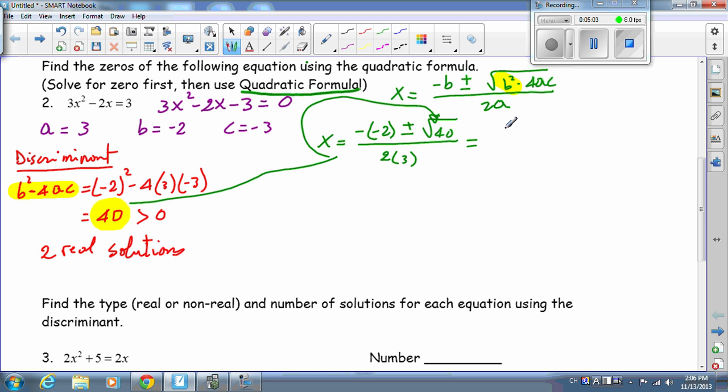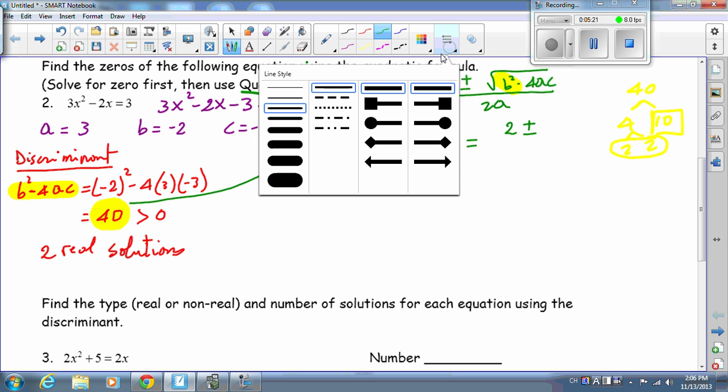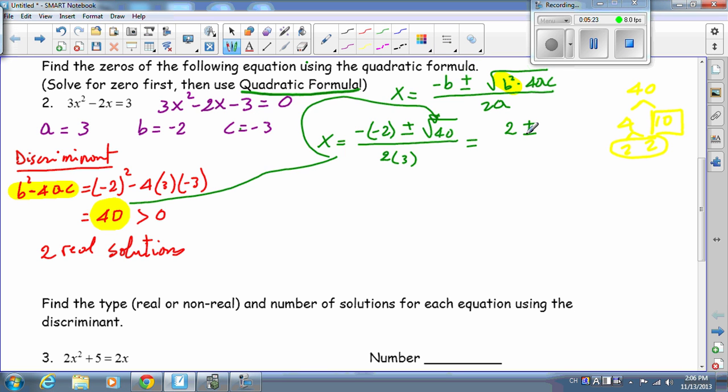This is equal to positive 2 plus or minus, on the side here, I will take that 40, and you should understand 40 is 4 times 10, which is 2 times 2. So 2 comes out and 10 stays inside the radical. So if I continue, I will have 2 square root of 10 over 6.